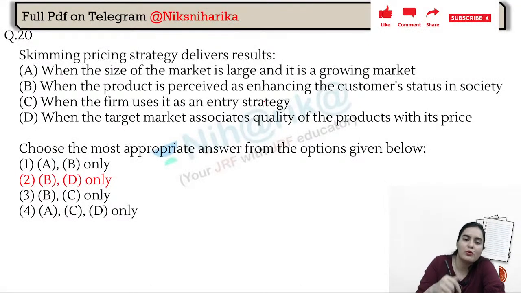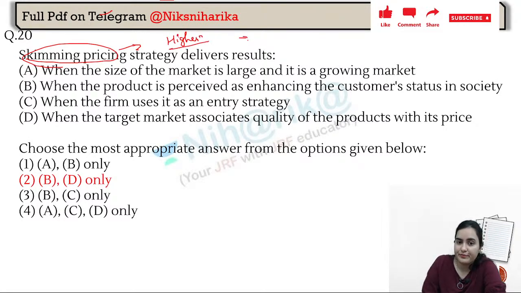Why so? Because what is skimming? Charging higher price or charging lower price? Charging higher price. Example, iPhone still uses the skimming strategy. Why does it use the skimming strategy? When the size of the market is large and it is a growing market.